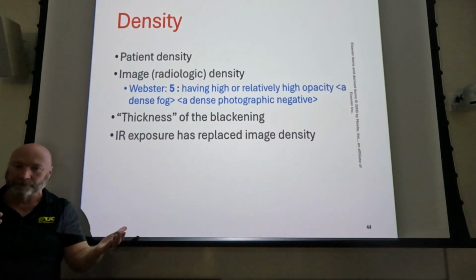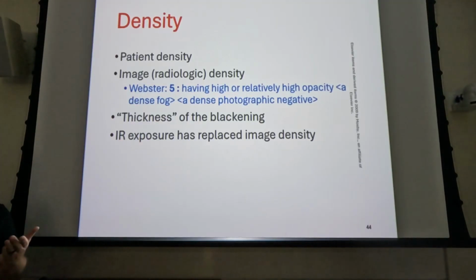The difference between those 2 densities would be what we call contrast, okay? So patient density, how dense is the structure? Patient density and radiographic density have an inverse relationship, okay? What's the most dense tissue type? Bone. How does bone show up on an x-ray? Light.